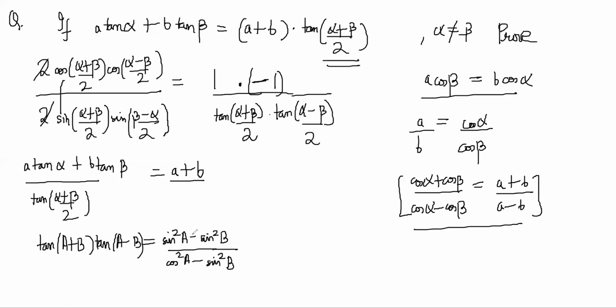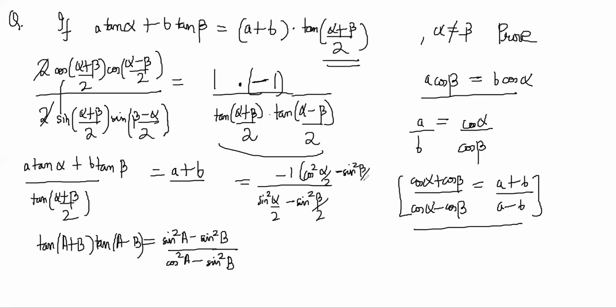Okay. Correct. So instead of worrying about this, I will just simplify it a little bit. Minus 1 by, this becomes A is alpha by 2, B is beta by 2, right? So sine square alpha by 2 minus sine square beta by 2 divided by cos square alpha by 2 minus sine square beta by 2.